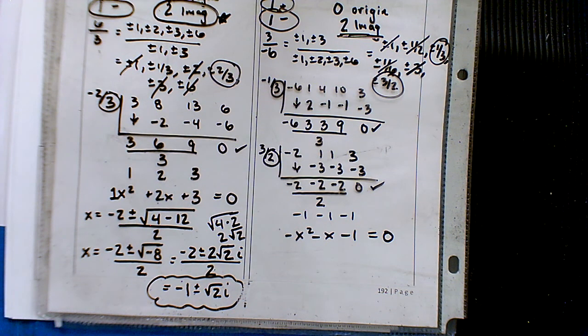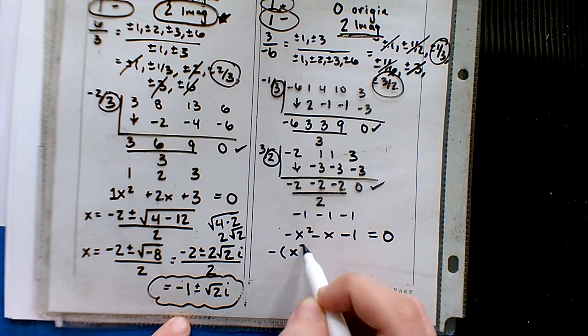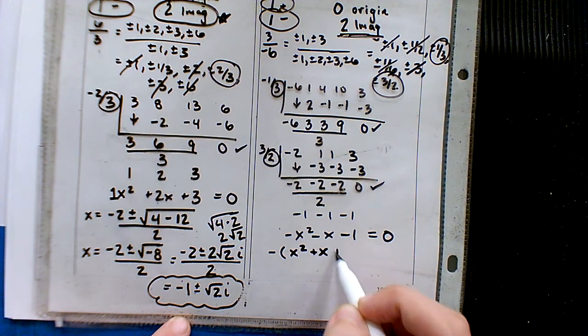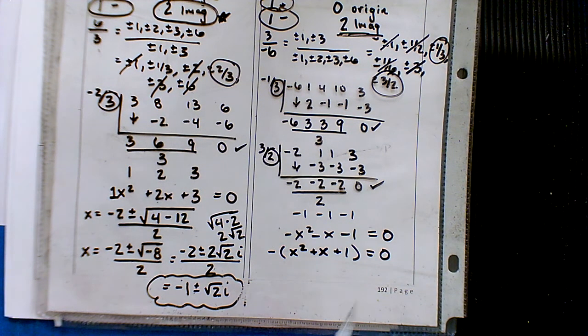You want to take a negative out? You can do that. We'll take out a negative, that'll make everything positive. If we tried to factor, can you think of two numbers that multiply to 1 but also add to 1? No, so factoring is not an option.